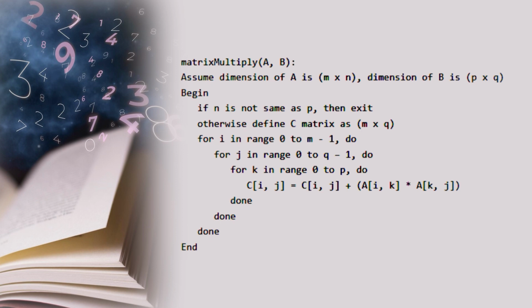P means the number of rows of the second matrix, or the number of columns of the first. So you start from 0 and go till the end of k. So here 1 into 1 plus 1 into 2, that is 3 also.